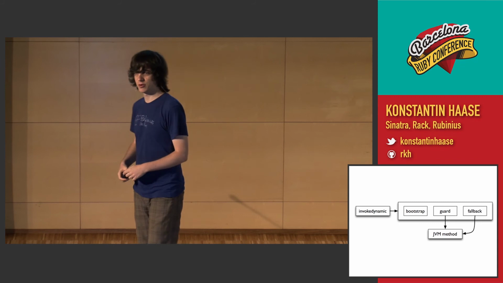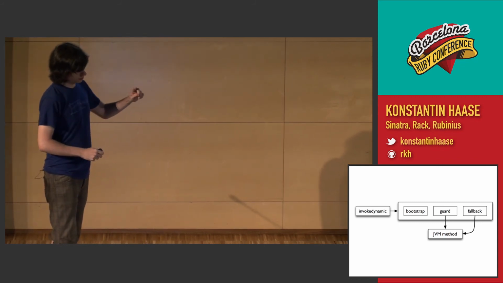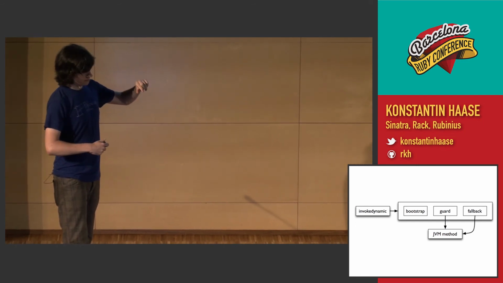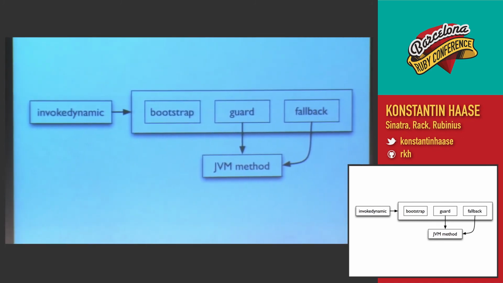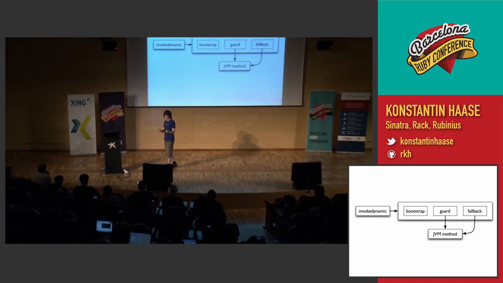Actually, on the JVM, the bootstrap doesn't do much. It just calls the fallback again. Because after the bootstrap has been called, the JVM will then see, do I have a call site here? And at that moment, there is no call site.